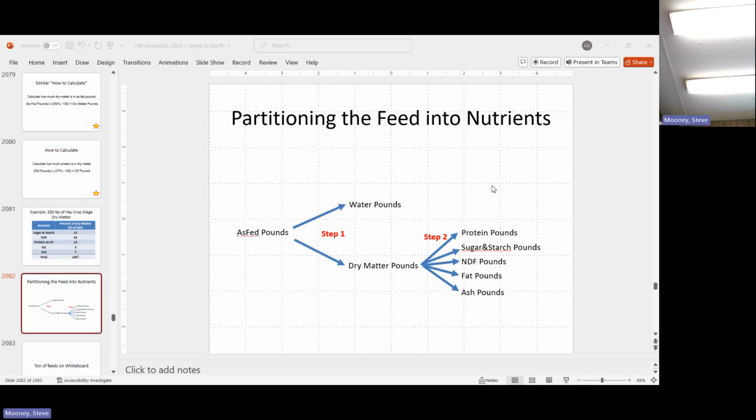We're going to do protein, our two carbohydrate fractions, sugar and starch, which could also be called carbohydrates. What's the specific name for the sum of the sugars and starches? Anybody remember? Non-structural carbohydrates, NSC. You've got your NDF pounds, fat pounds, and ash pounds. Everybody with me?